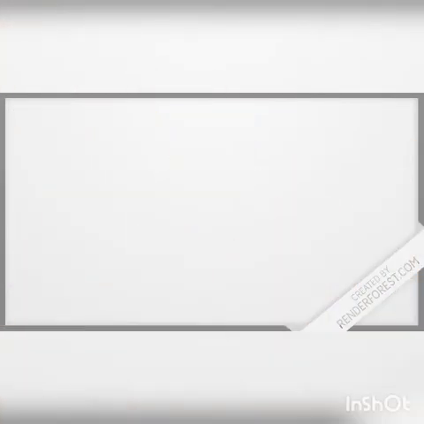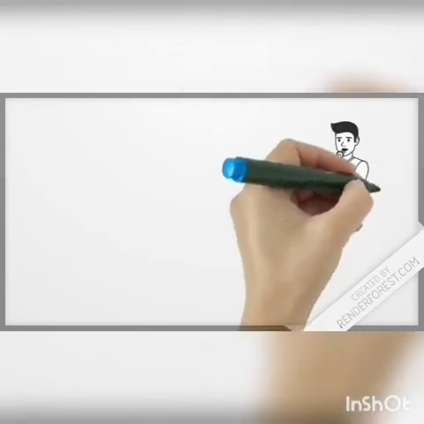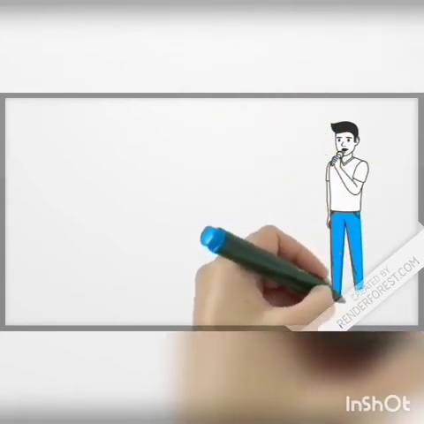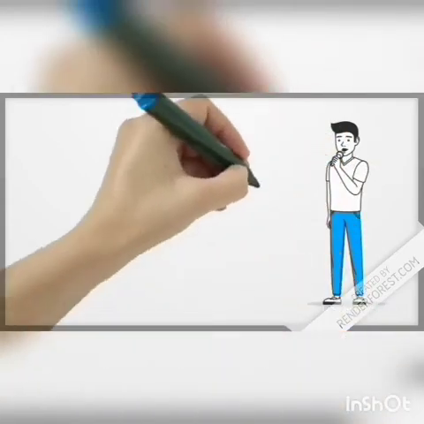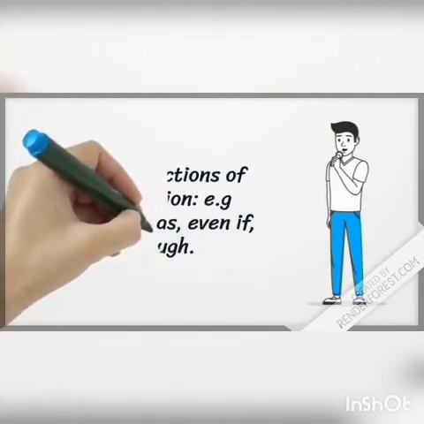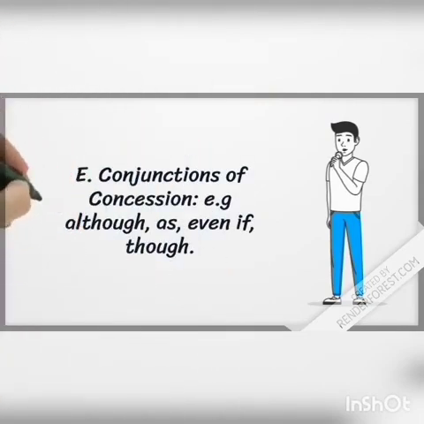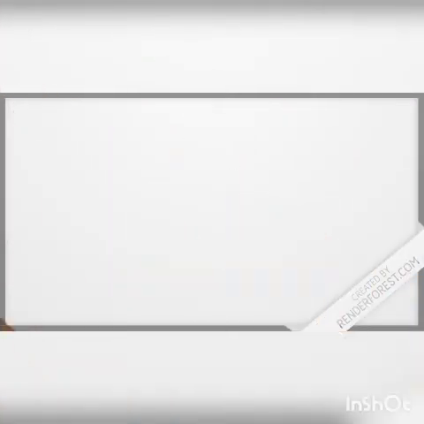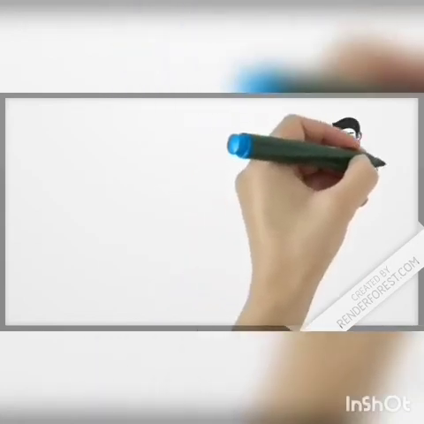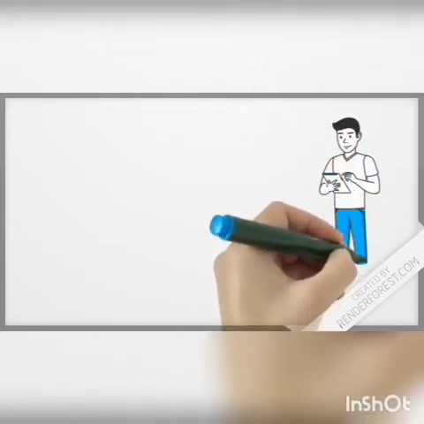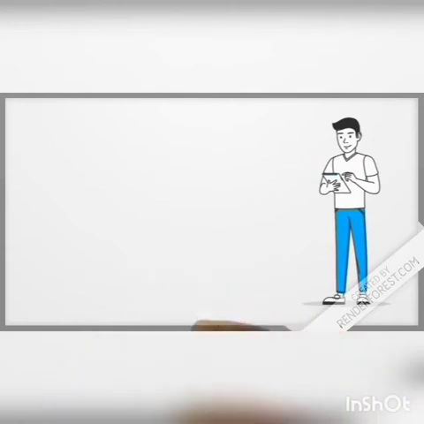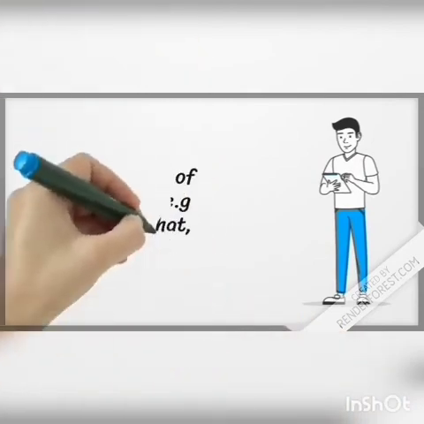The next class of subordinating conjunctions we'll be looking at is conjunctions of concession. This one has to do with agreement. So if this doesn't happen, this will not happen. It is a conjunction of agreement.